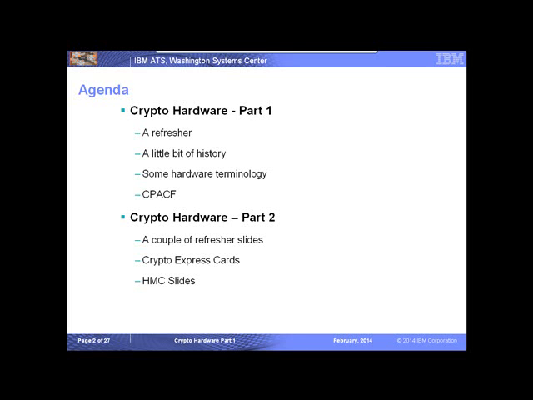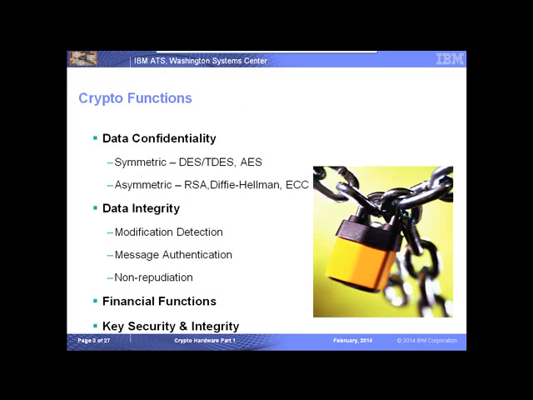The IBM hardware has been defined as clear key or secure key, and I want to make sure that people understand that. And then from there, we'll focus in on the first bit of IBM hardware, the CP Assist for Cryptographic Function, or the CPACF hardware. Next month, in March, we'll focus on the Crypto Express cards, the additional features that are available.